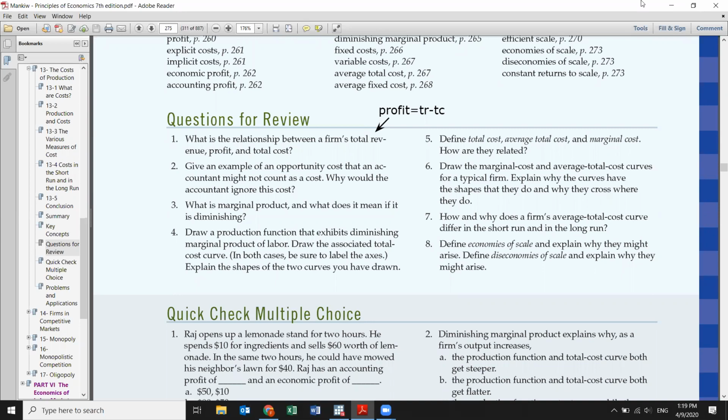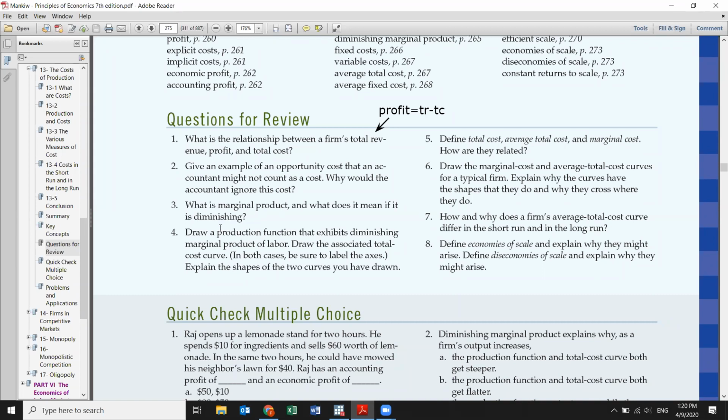When it comes to what the marginal product is and what it means if it's diminishing, we said the marginal product is the increase in the output that comes from an additional unit of input. Like adding one more unit will create the marginal product, a change in output.